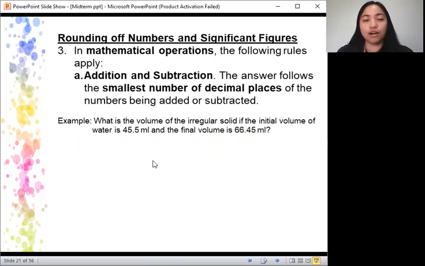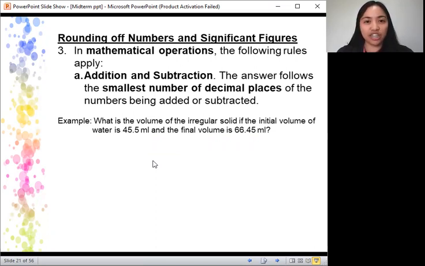So, first nimo nga buhaton, magbutang ka og tubig sa graduated cylinder, and then that you measure the water. So, that is your initial volume sa imuhang water. So, para makuha nimo ang volume sa imuhang bato, imong ibutang ang bato sa sulod sa graduated cylinder nga naay tubig.